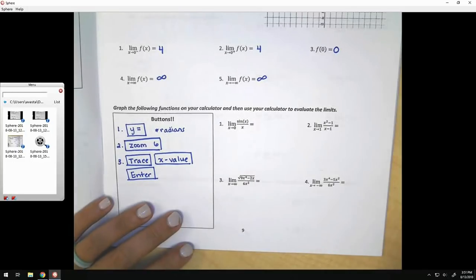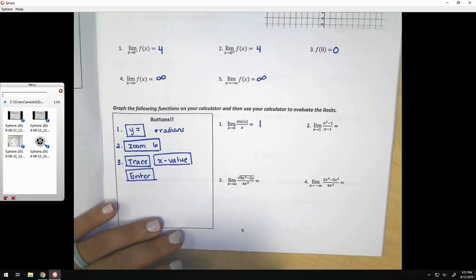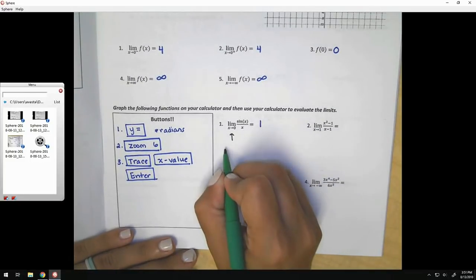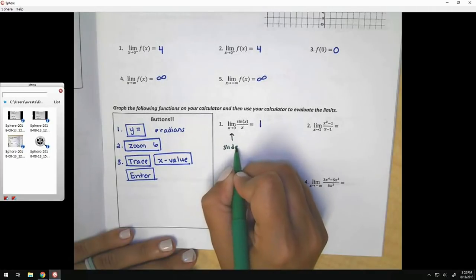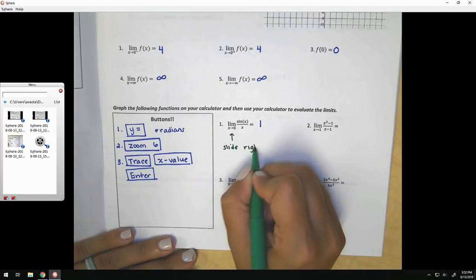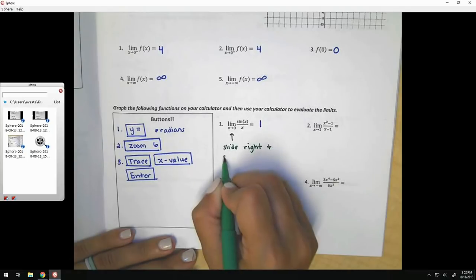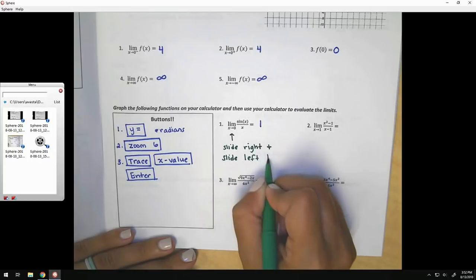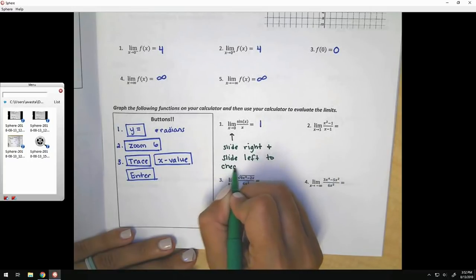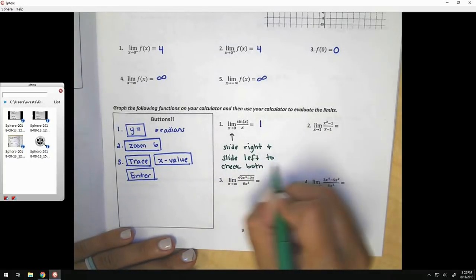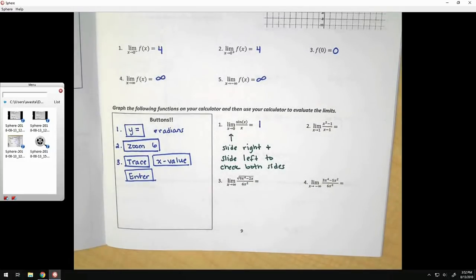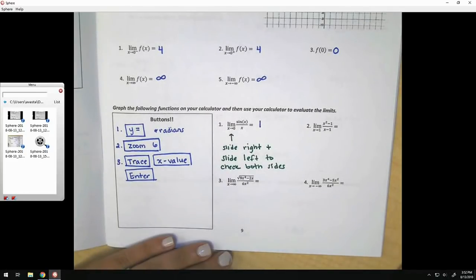So what I'm going to say here is that my limit is approaching 1 because I checked both sides by sliding to the right and sliding to the left, to check both sides. And that's what allowed me to check to see if they were the same, which they were, and they're both close to 1. So now we're going to go ahead and repeat that process for number 2.